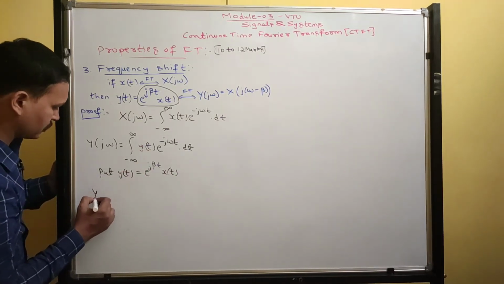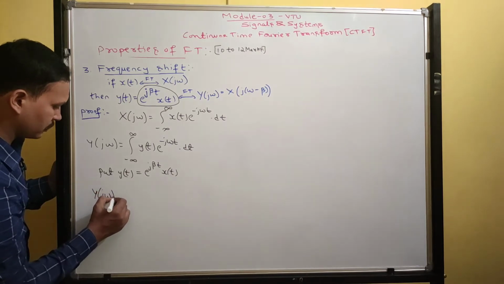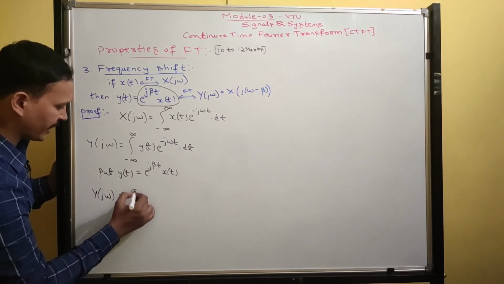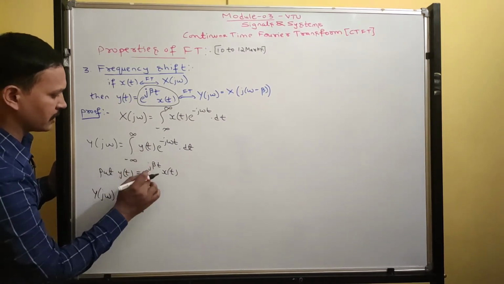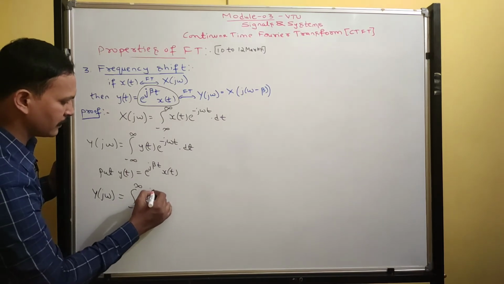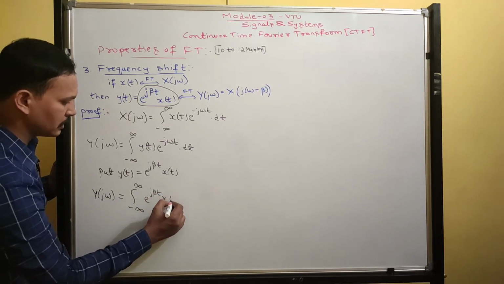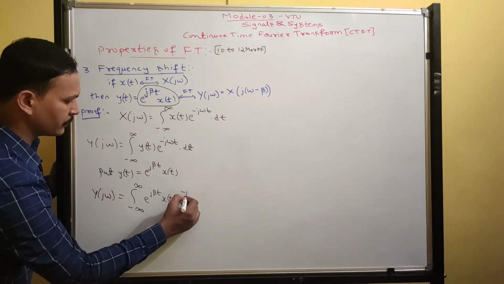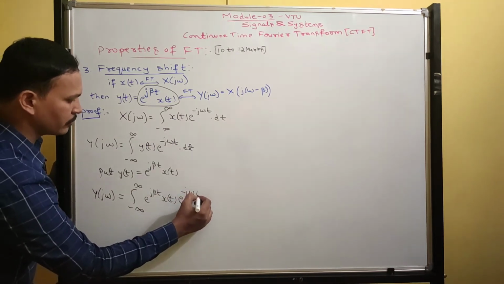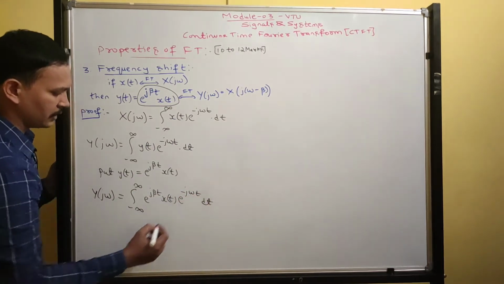Substitute in this equation. After substituting, we get the integral from minus infinity to infinity of e power j beta t into x of t into e to the power of minus j omega t dt.